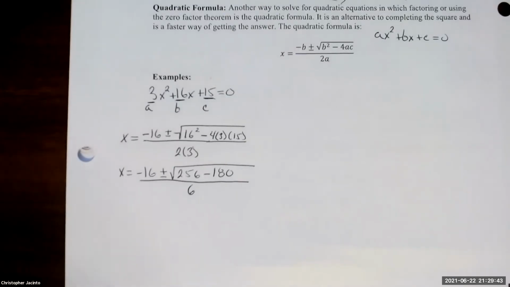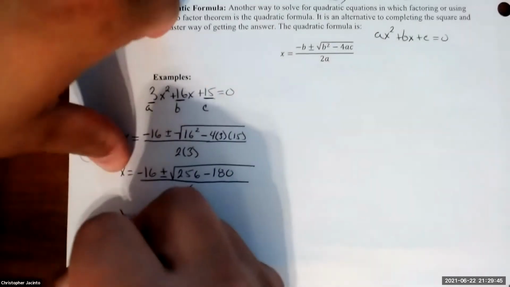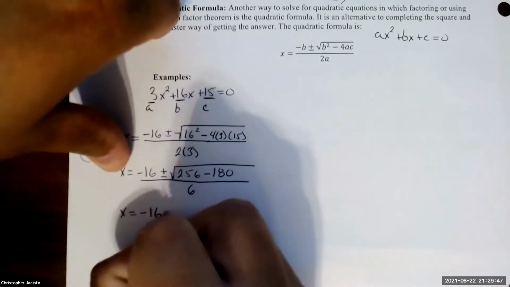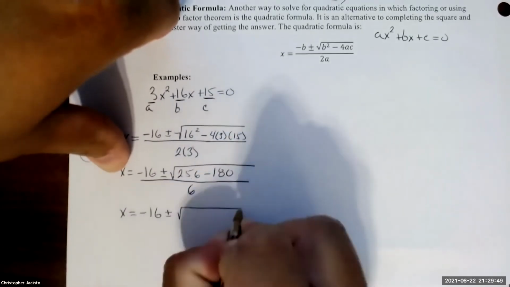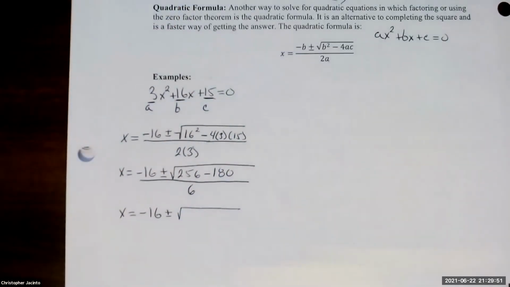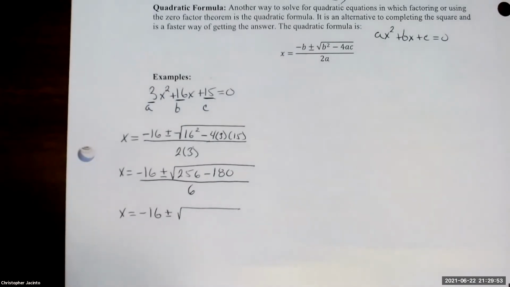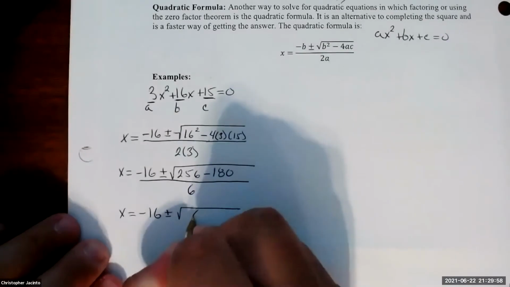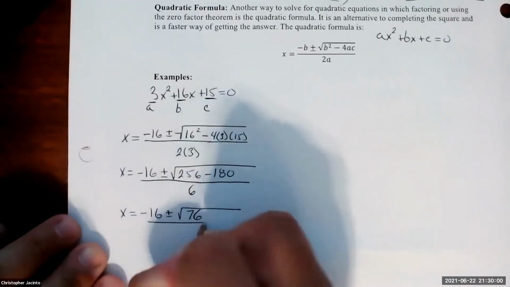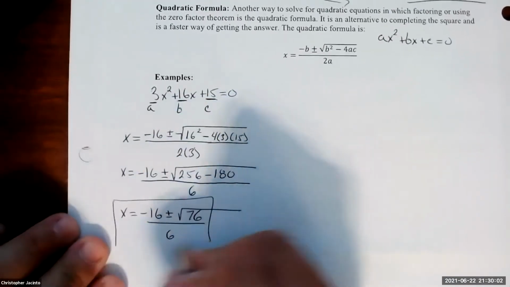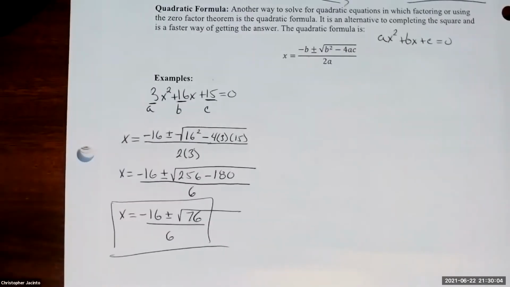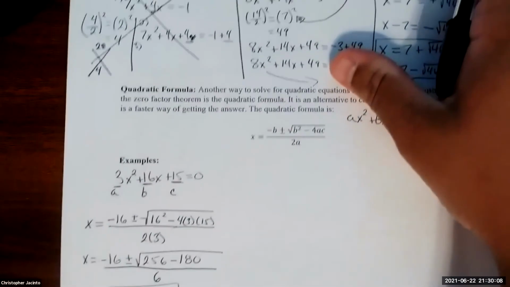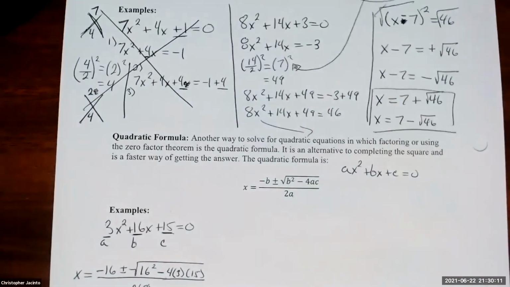And again, we just simplify one last step. So 256 minus 180 is 76, all divided by 6. And there you go. Those are your two answers. So look at that, a lot less work per problem.